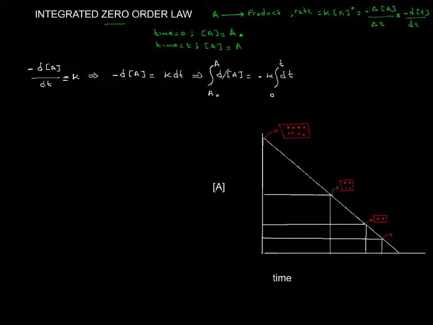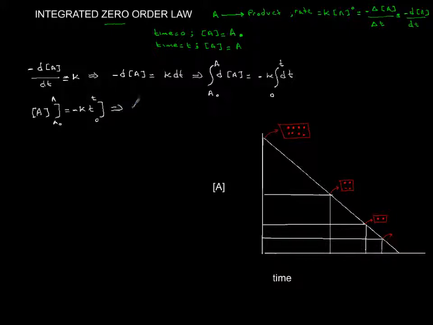The integral of dx is just x, so you should agree with that. After integration this becomes A with limits of A0 to A. On the other side, you have minus k times t with limits of 0 to time t.